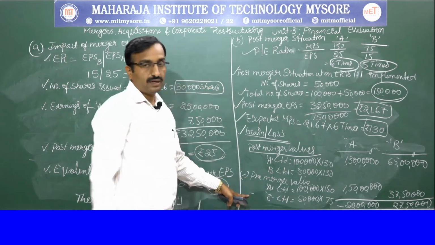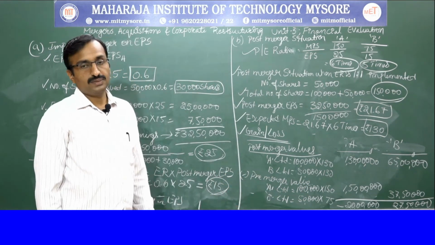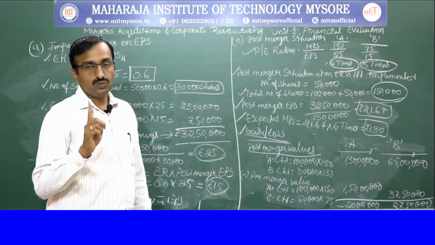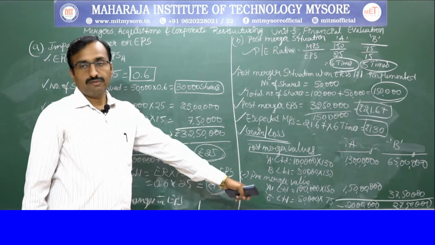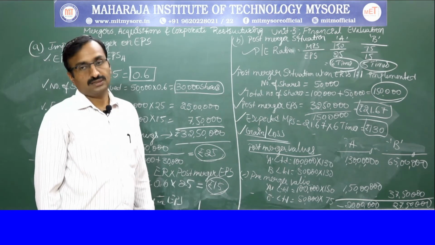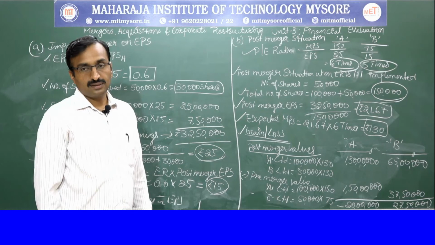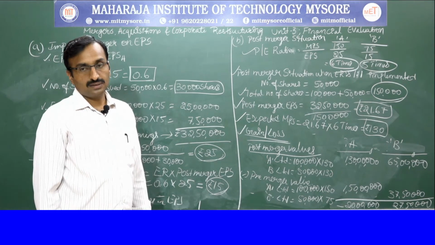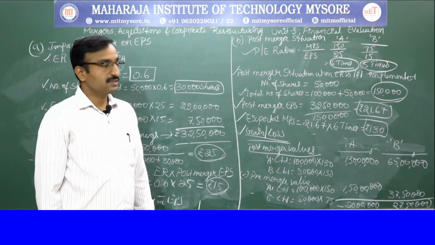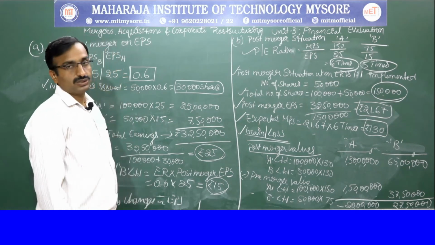Okay, so write down the conclusion. A Limited must not accept the exchange ratio of 1:1 because we will be getting 20 lakh of the loss. It is not gain. Got it? Yes, this is how we solve for the second question.